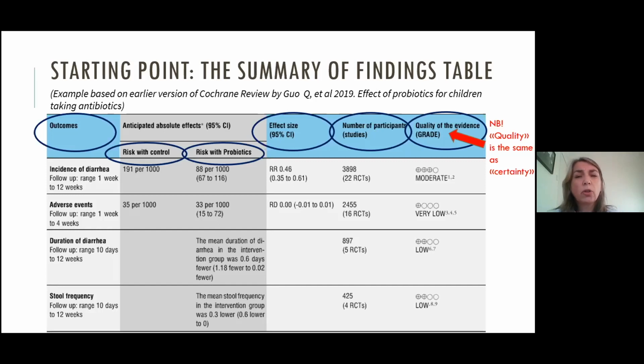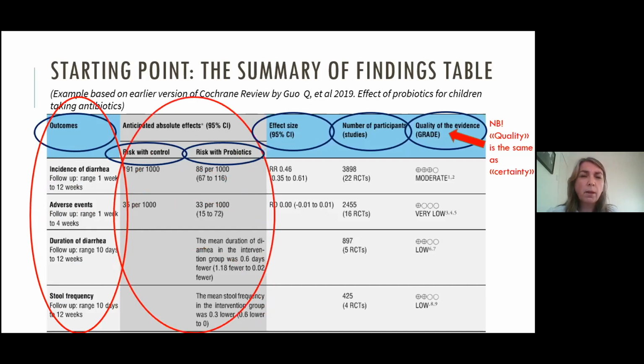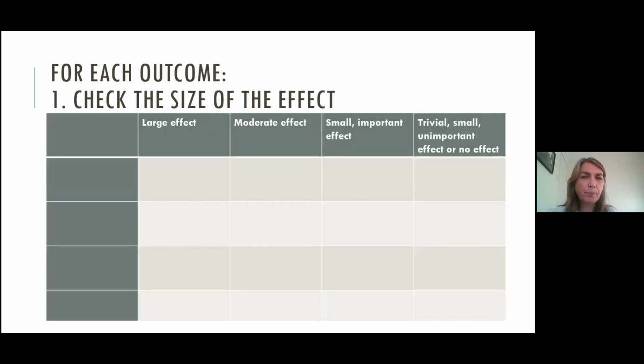So when you're creating your narrative statements, what you need from this table is the information about what outcomes are the most important, the absolute results, and the certainty of the evidence. That's the information that you typically would take from your summary of findings table to create your narrative statements. So how do you do this?